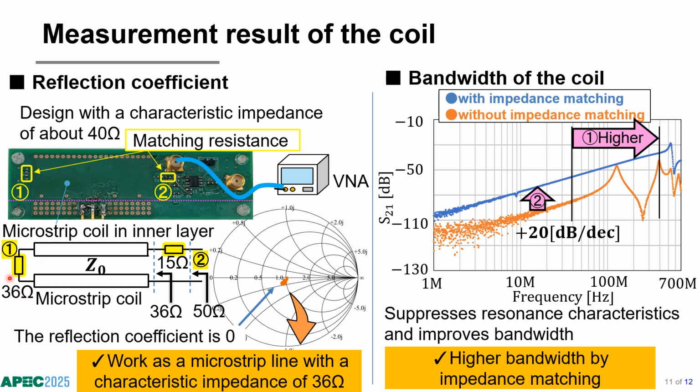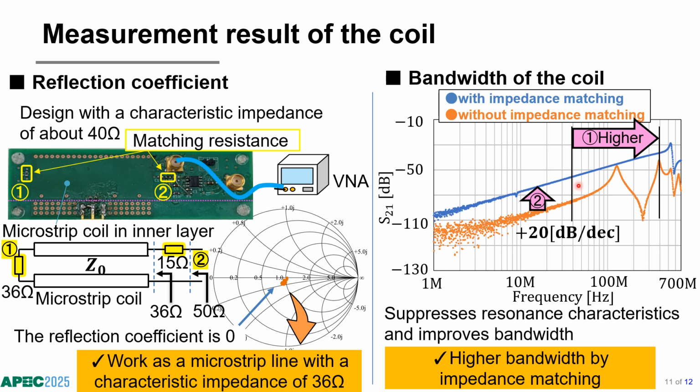So a 36 ohm resistor is attached at point 1 to match the characteristic impedance of the microstrip coil, and a 15 ohm resistor is attached at point 2 to match the characteristic impedance of the network analyzer. As shown in this Smith chart, it is plotted on the center at each frequency. This indicates that the reflection coefficient is 0 and impedance matching is possible. So the designed coil functions as a microstrip line with a characteristic impedance.